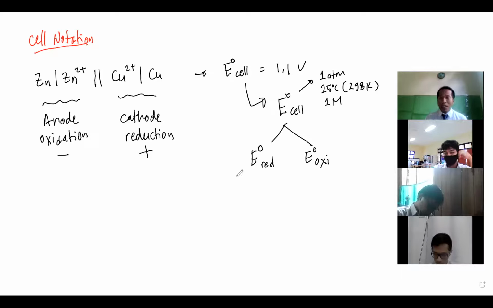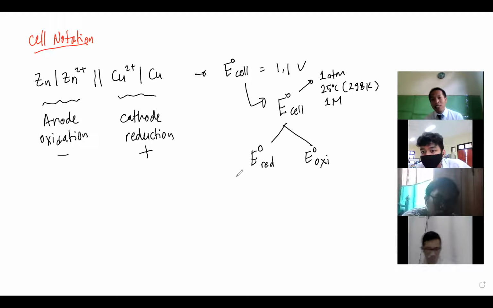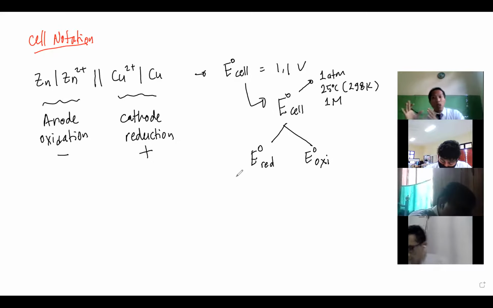E0 red means the E0 only for the half cell which is in reduction. And E0 ox means the E0 for only the one cell in oxidation. We have two compartments, right? One of them is E0 reduction, one of them is E0 oxidation. Totally, we call this E0 cell.